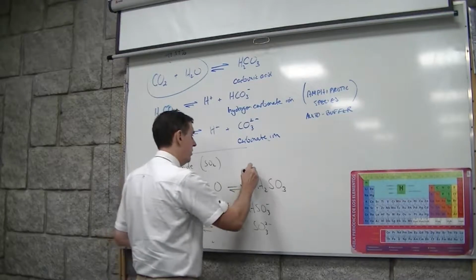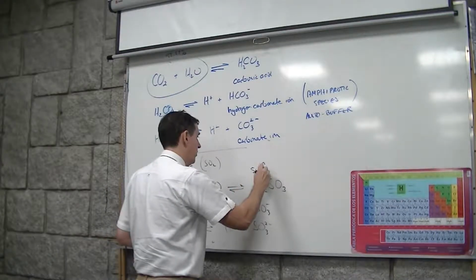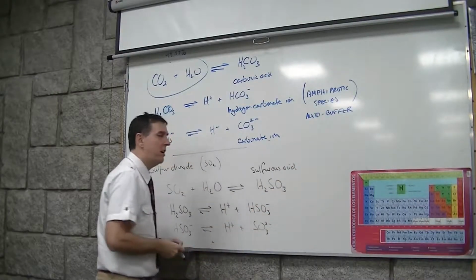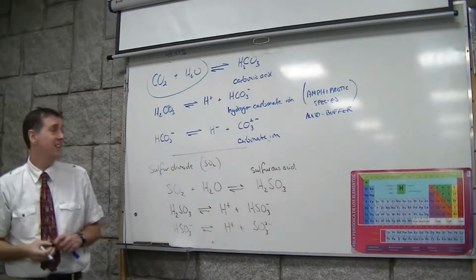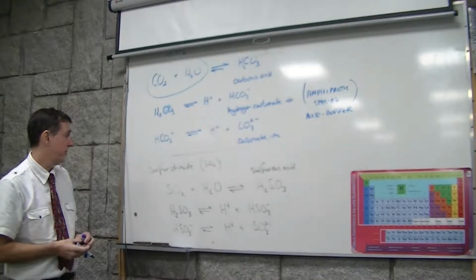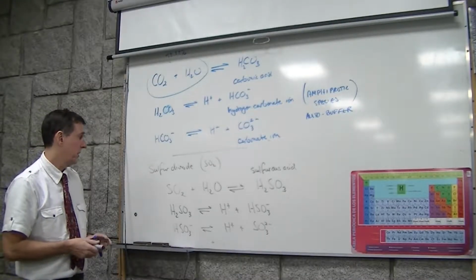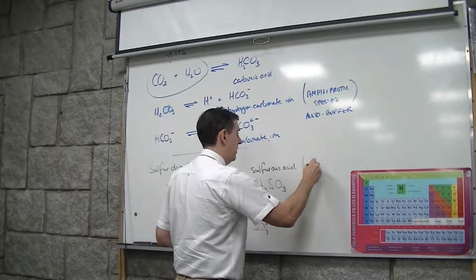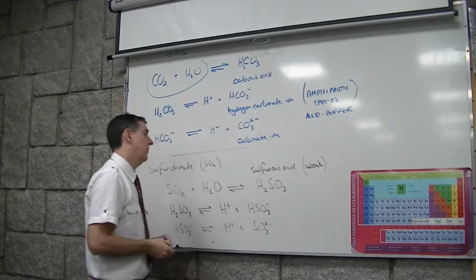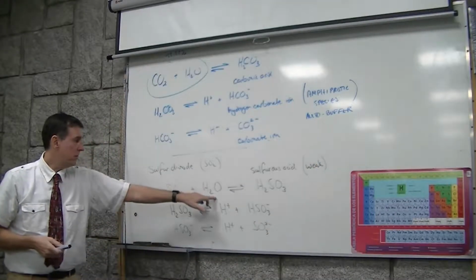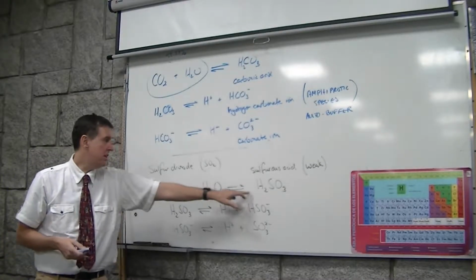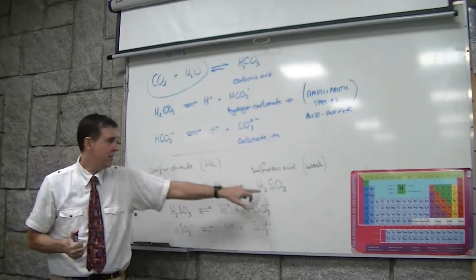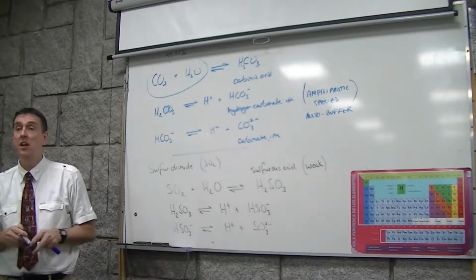This is sometimes called sulfurous acid. Its other name is sulfuric 4 acid because the sulfur is in the oxidation state 4. Now this is a weak acid. So in other words, the majority of the species in solution will be sulfur dioxide and water. Very, very little sulfurous acid is made.